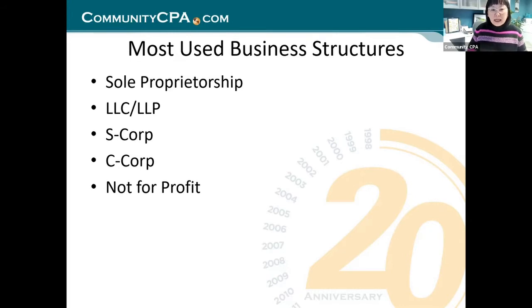The LLC is a membership organization. They don't call them owners, they call them members. S-corp and C-corp have shareholders. And your not-for-profit organization has no owners, just a board of directors. So these are general guidelines for these five entities. Let's go talk about them.